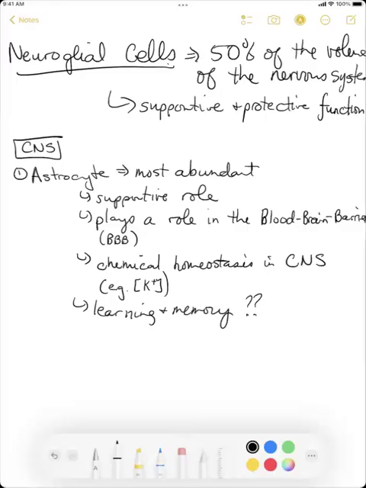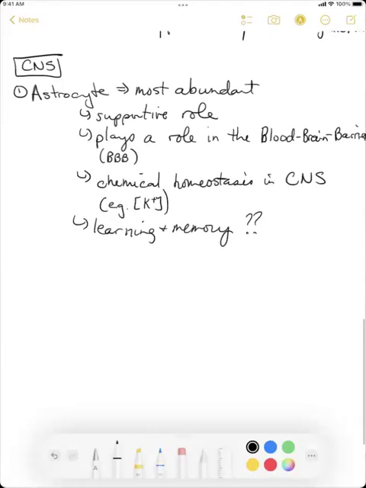There is another type of neuroglial cell that is going to help with the conduction of action potentials across the nervous system. And the second type of cell that I think is important to talk about in the central nervous system is something called an oligodendrocyte.